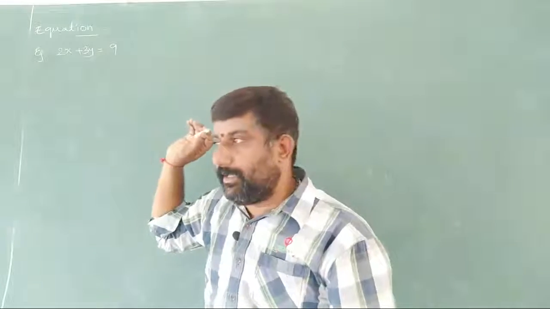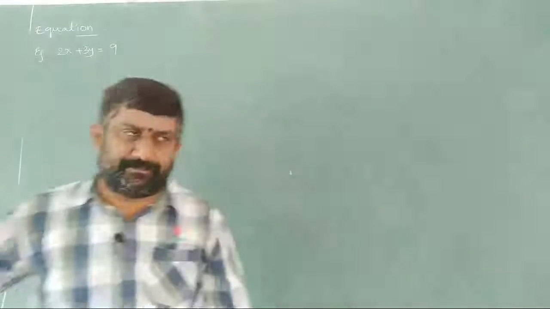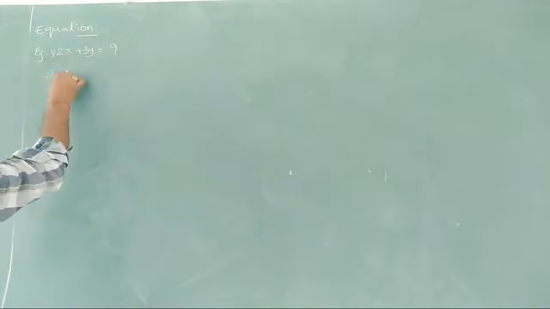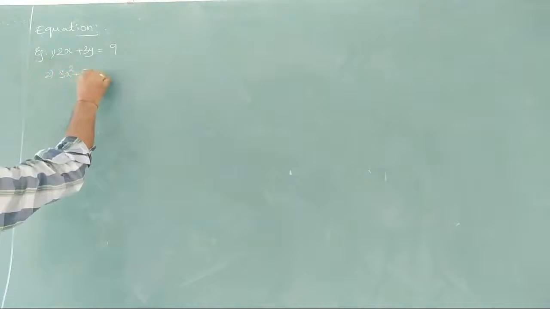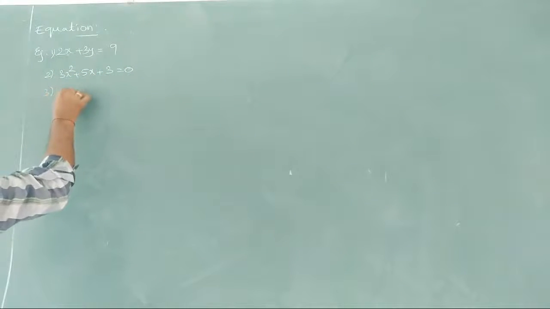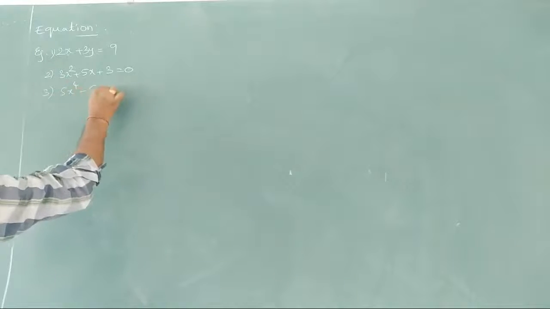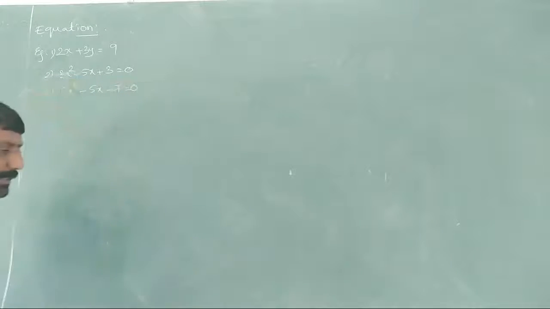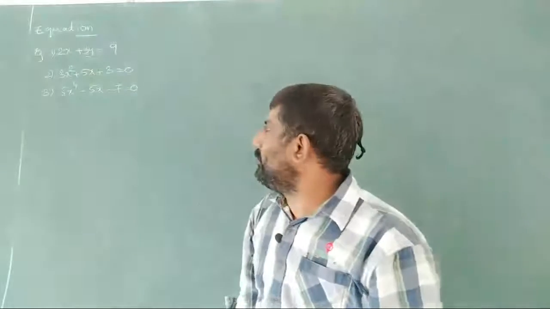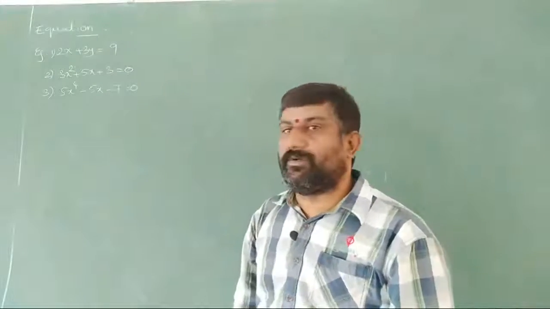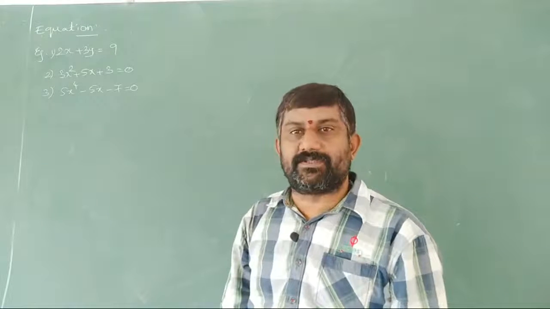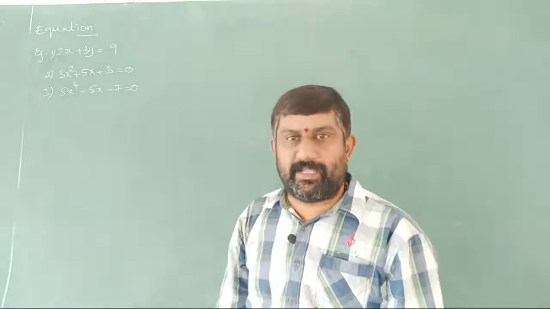Now, there are types of equations we have. Like this, 2x plus 3y is equal to 9 first, 3x square plus 5x plus 3 equals to 0, 5x to the power of 4 minus 5x minus 7 is equal to 0. Like this we can write all the equations.